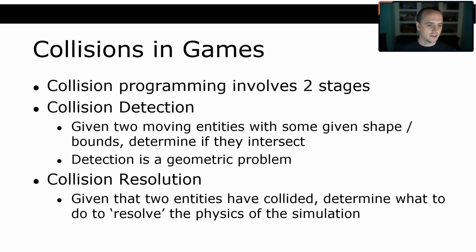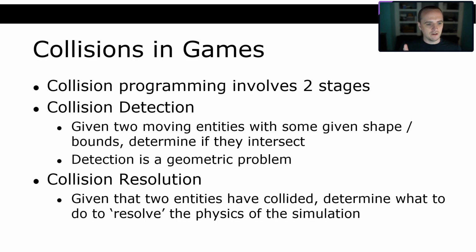Then we have the second problem, which is collision resolution. Now that we have 2 entities which have collided, determine what we need to do in order to resolve the physics of the simulation. This is going to depend entirely on the game mechanics that you want to implement. For example, maybe a bullet is going to collide with a brick and destroy it, but maybe a bullet is going to collide with a pipe and not destroy it.